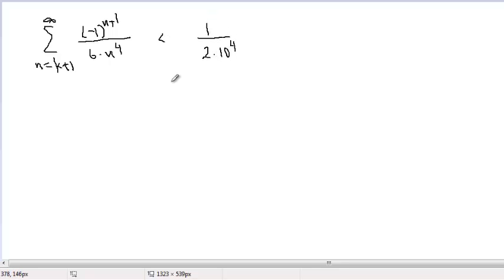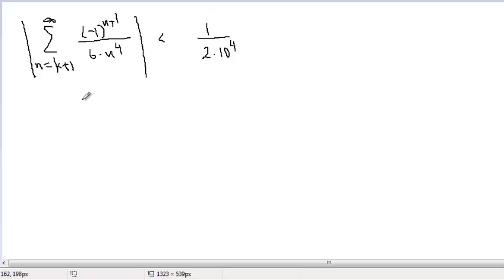Let me write the error term one more time. My goal is to keep this summation from k plus 1 up to infinity, negative 1 to the power n plus 1 divided by 6 times n to the power 4, smaller than 1 over 2 times 10 to the power 4. In absolute value, I want to keep this remainder less than that value.